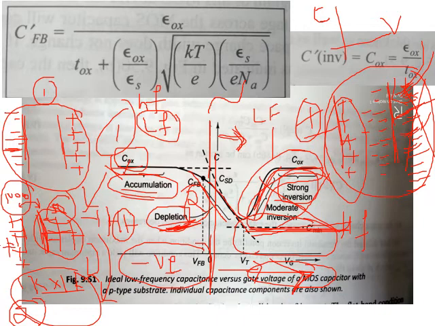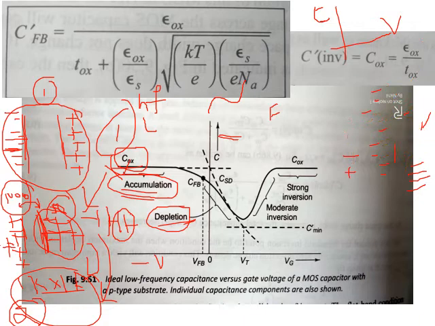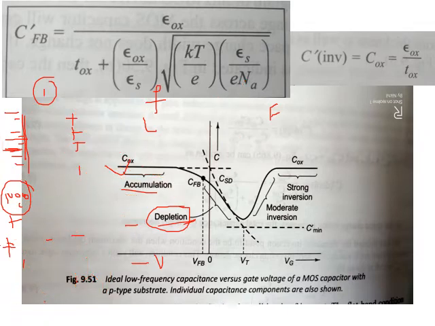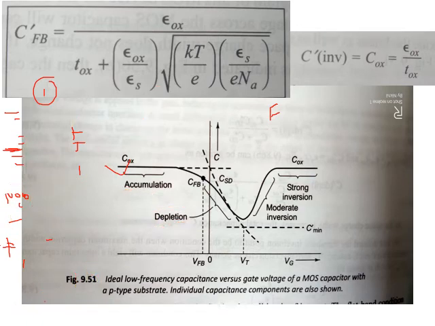Let me clear the screen. Okay, when there is moderate inversion, it means half inversion, right? Not full inversion. So at that time, the capacitance will not be up to the mark. Say here I have the two plates of a capacitor.